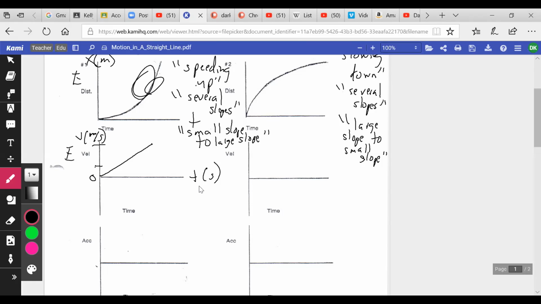And the definition with velocity is that we know that the slope of a velocity time graph gives us acceleration. This slope is constant. Since this is a constant slope, constant acceleration. What would the graph look like in acceleration then?